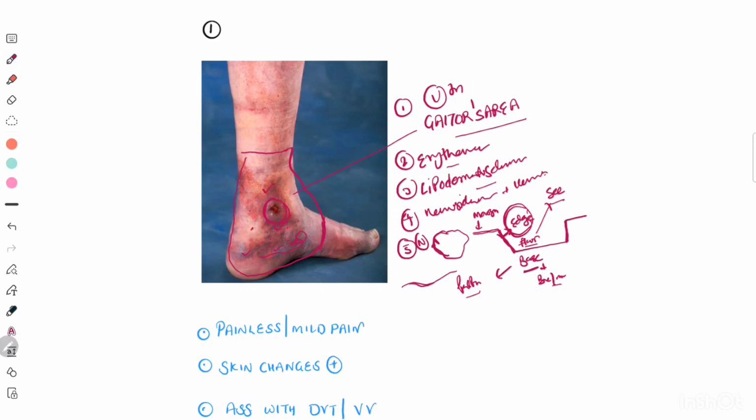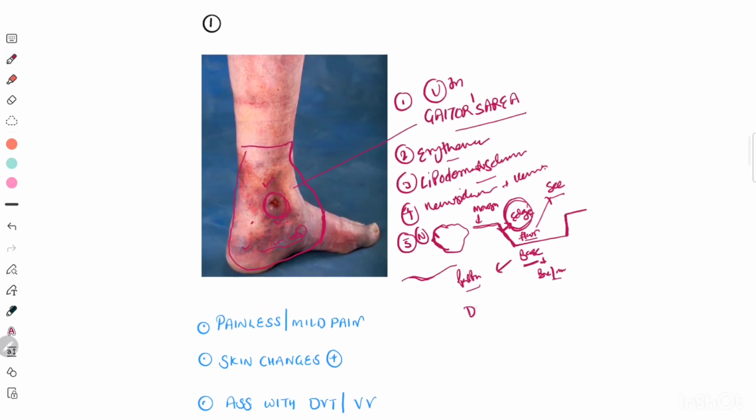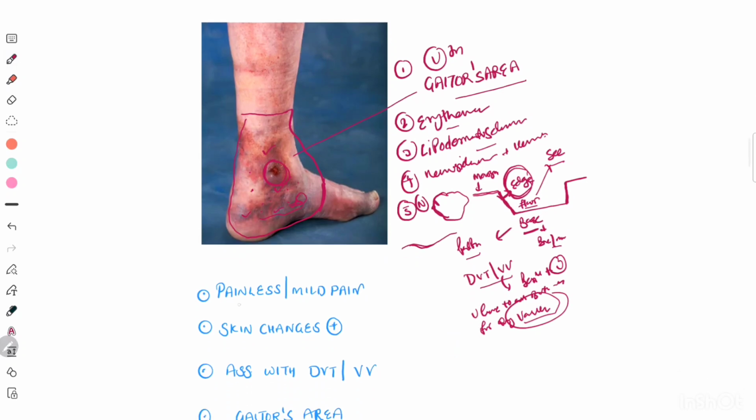Sloping edges, and this is mainly associated with deep vein thrombosis or varicose vein. So besides the ulcer examination, you have to assess both the limbs for any varicosities, any varicose vein. These ulcers are mainly painless, or the patient can present with mild pain. There can be skin changes.